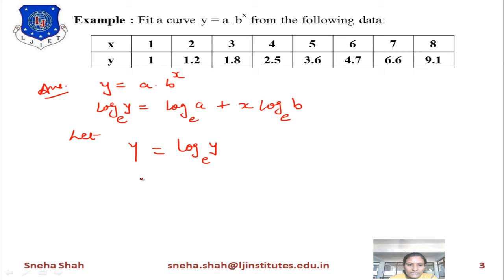Similarly, instead of this we will take capital A, so the value of capital A equals log a base e. Similarly log b will be represented like this: log b base e. So this one is represented as capital B, and small x will be taken as capital X.